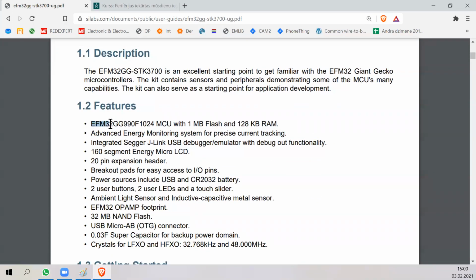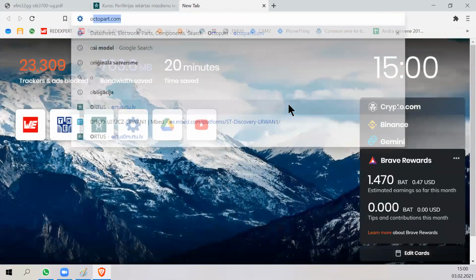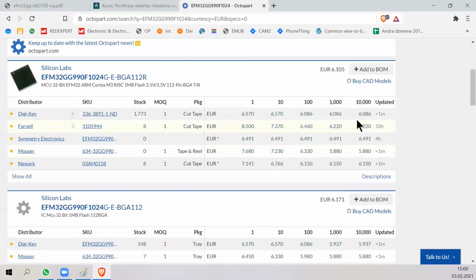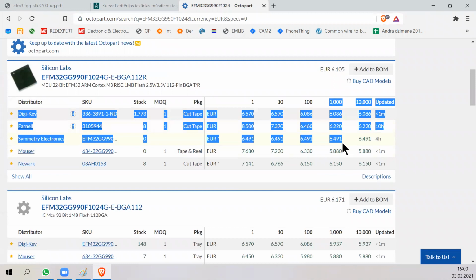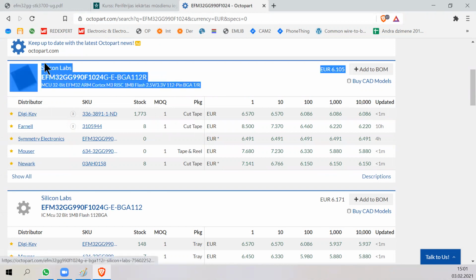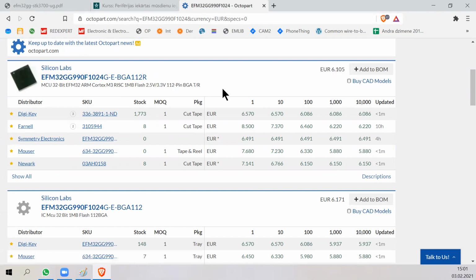So it says that this development kit has this microcontroller, which you can buy on the internet if you want, so it's not a big problem. And it costs, for example, for 1,000 pieces, €6. So this is a pretty high-end microcontroller. And we have it in lab because we want to learn as many features as possible. But Silicon Labs also has cheaper versions with fewer features. So not all microcontrollers are this expensive.